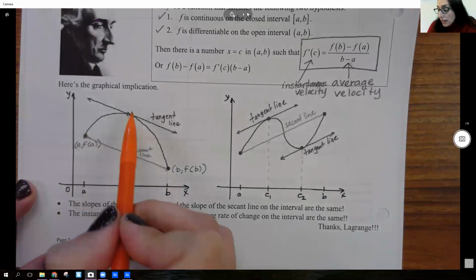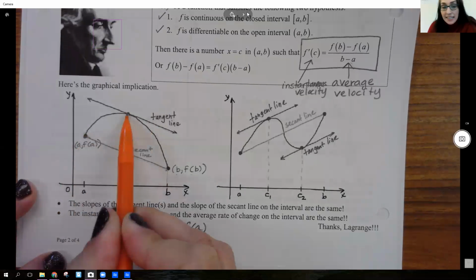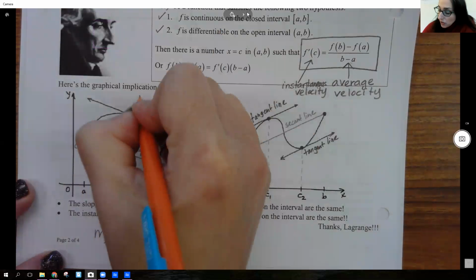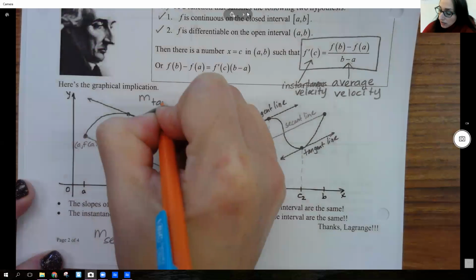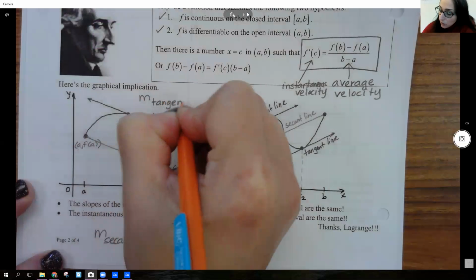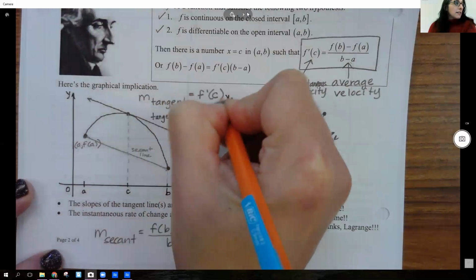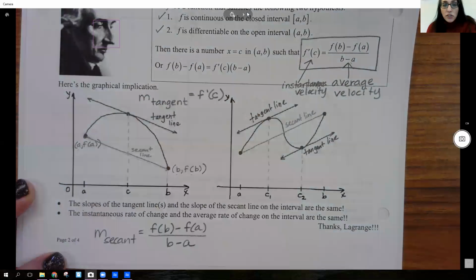The tangent line is occurring at C. Remember, the slope of a tangent line is the slope at just one point. So that's the derivative. So the slope of the tangent equals f prime of C. That's the beautiful thing about a derivative.